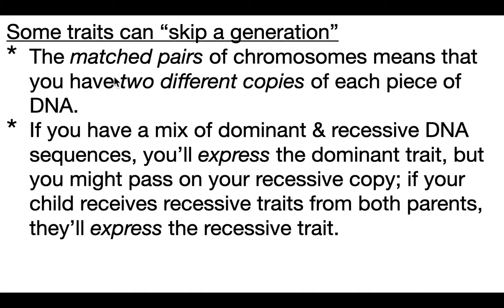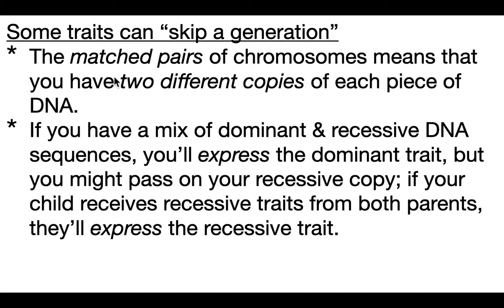If you have a mix of dominant and recessive DNA sequences, you'll express the dominant trait, but your offspring might inherit your recessive copy that you never used. And if a child receives recessive alleles from both parents, then they'll express the recessive trait as well. That's the really simple Punnett square version of this that you learned back in 9th grade.